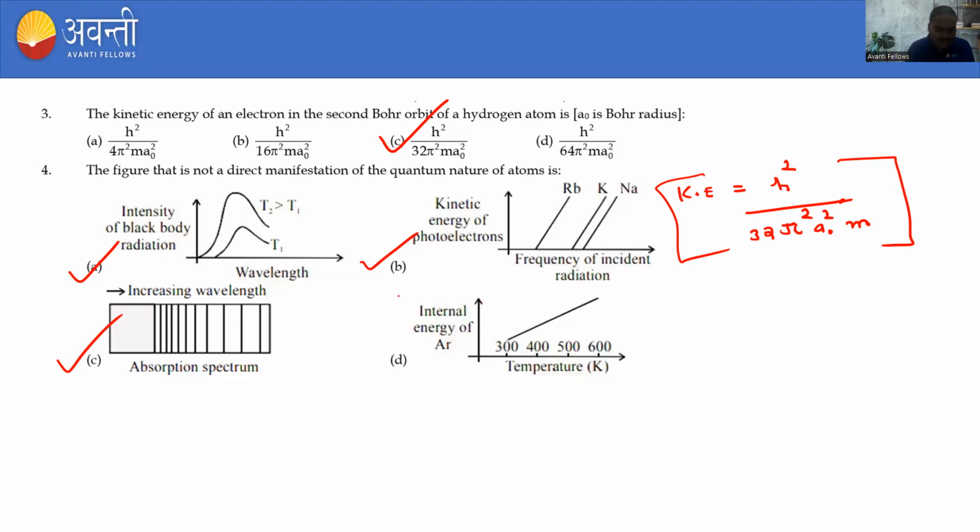So we all know this, whether we are talking about the atomic spectrum in case of absorption spectrum, or the black body radiation, or the photoelectric effect. These all are explained on the basis of quantum theory. So only option D will not be explained on the basis of quantum theory. So which option is correct, beta? Option number D is absolutely correct for this question, right?